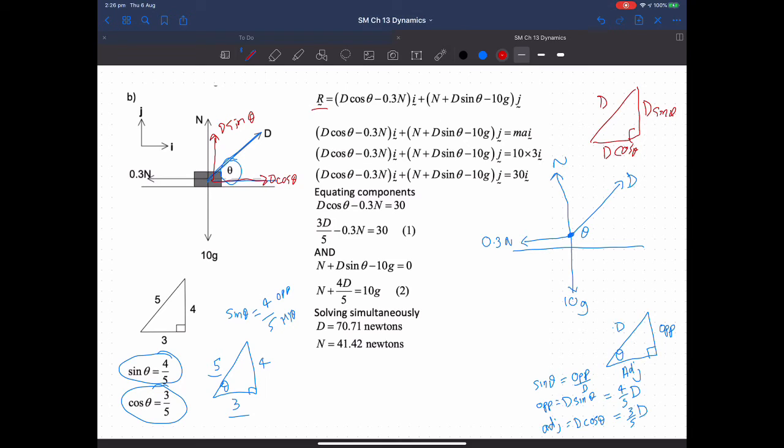We have 0.3N in the i direction, and because we have resolved vector D, we have D cos theta also in the i direction. Now D cos theta is in the positive direction, 0.3N is in the negative direction, so I've got D cos theta minus 0.3N in the i direction.